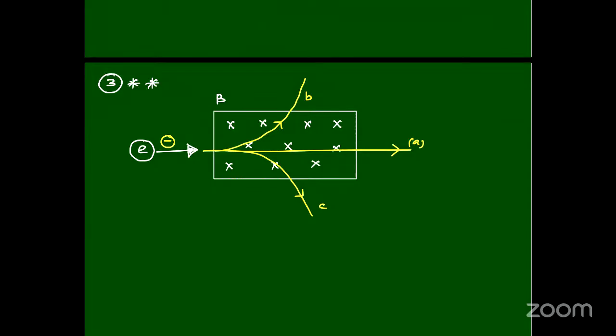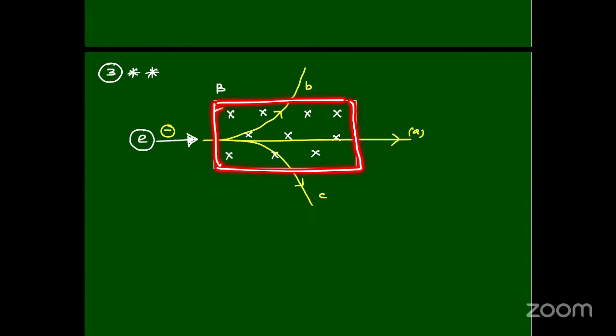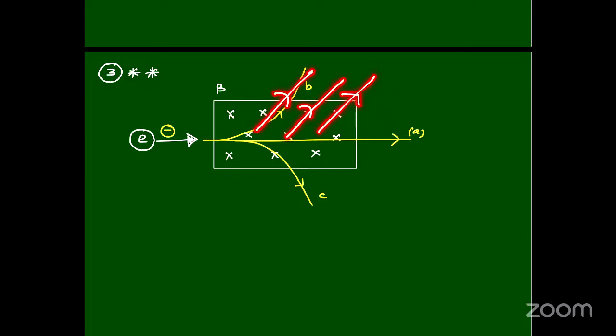Just imagine something like this. I have placed a cardboard like this, right? This is the cardboard sheet that I have used, or an A4 sheet. This parameter, the magnetic field, is going through the board like this.